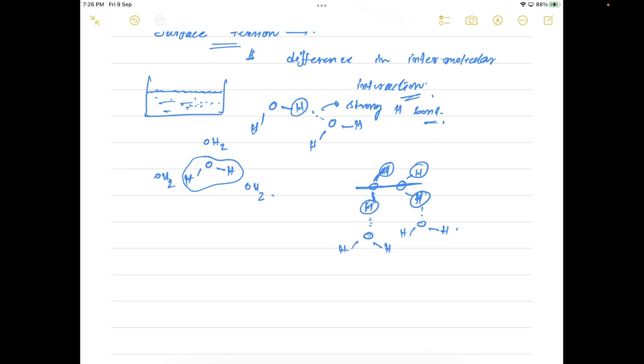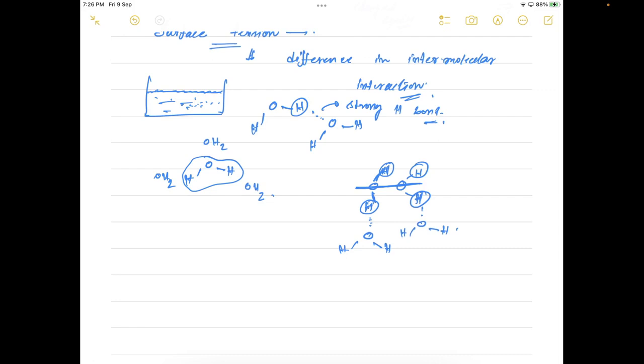So the hydrogen bonding interaction between water molecules is much larger in the bulk system, because all the hydrogen atoms and oxygen atoms can form hydrogen bonds with other water molecules. But the hydrogen bonding interaction at the surface is much less, because not all the atoms can find surrounding water molecules there.